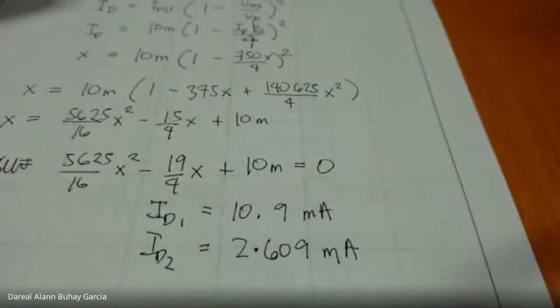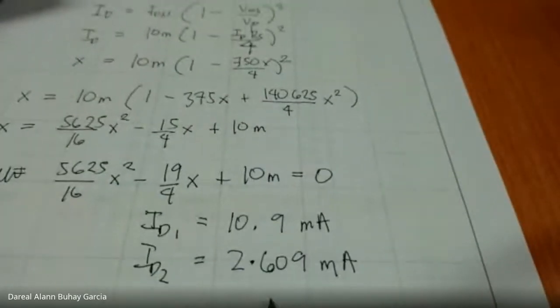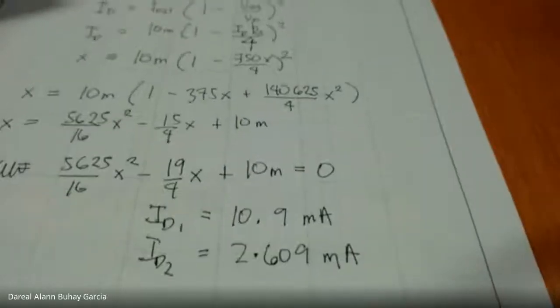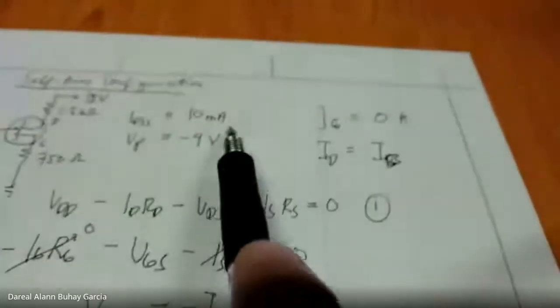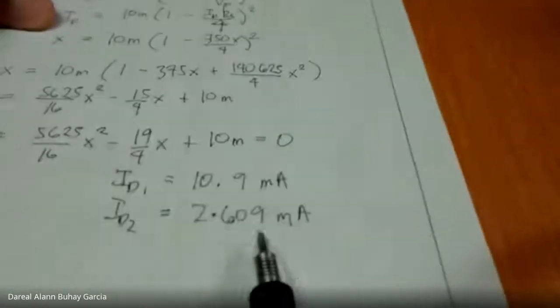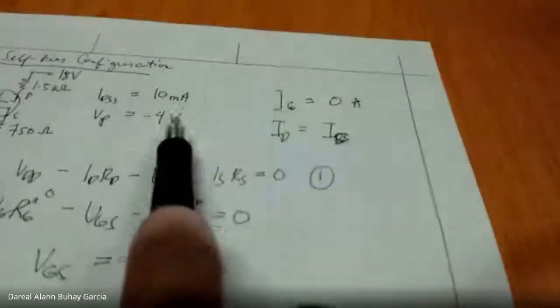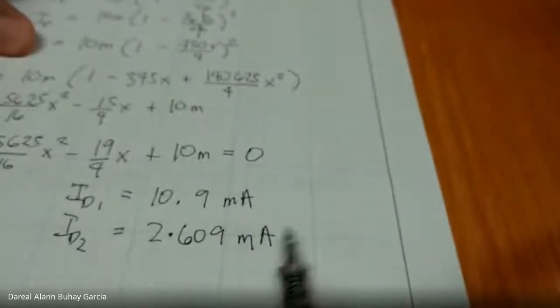So aning duha. Dili ni pwede ni isa kay ID is 10 milliamps man, self-bias man ni. So, clearly, dili ni pwede. So, mao ni ang logical nga answer.